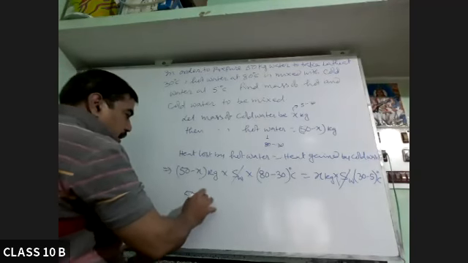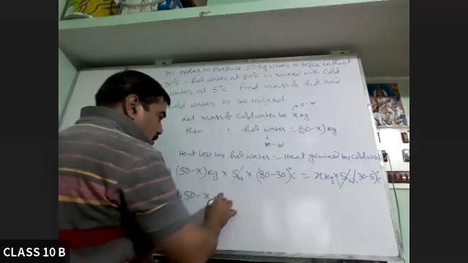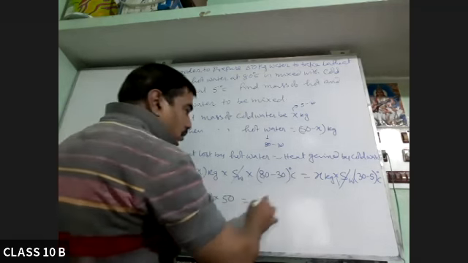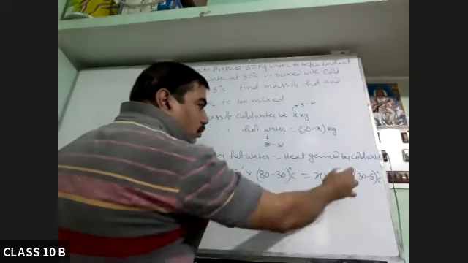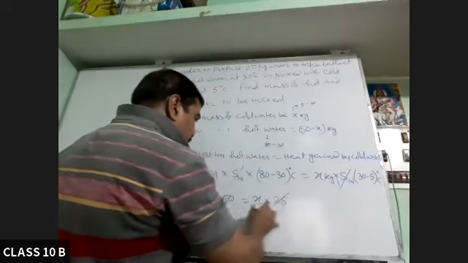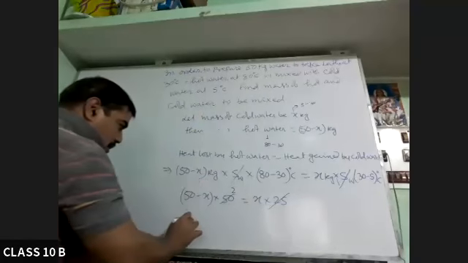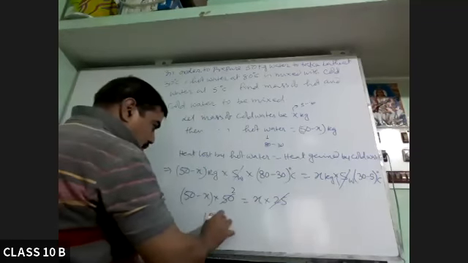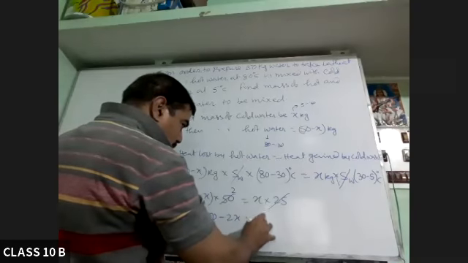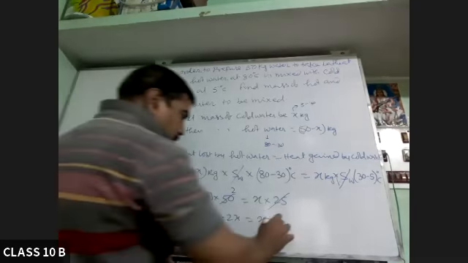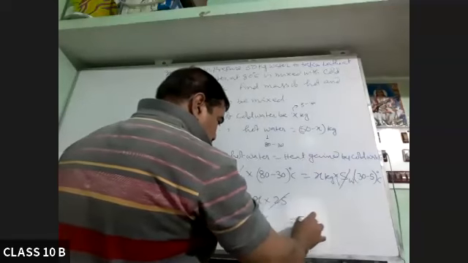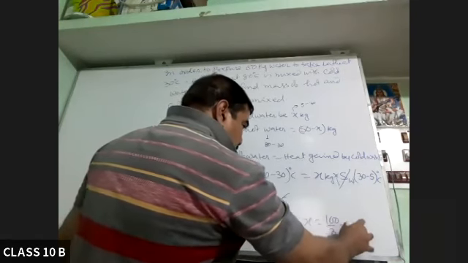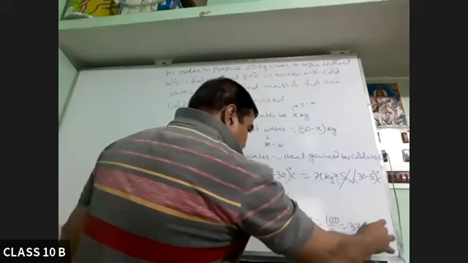So (50 minus x) into 50 will be equal to x into 25. So that is 100 minus 2x is equal to x. So this x is 100 by 3, that is 33.33 kg.